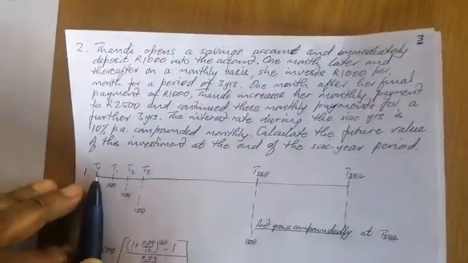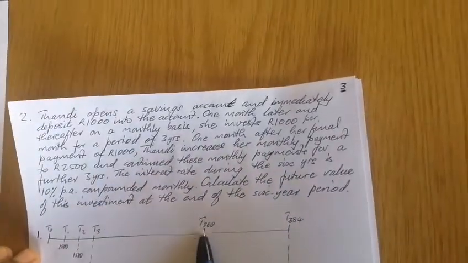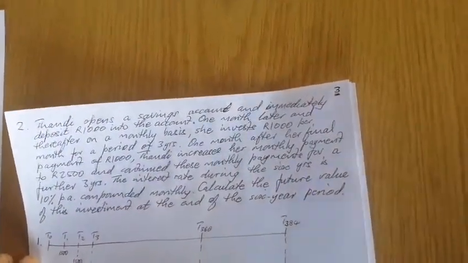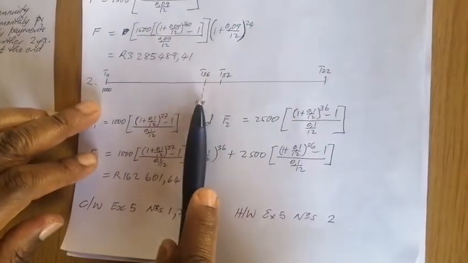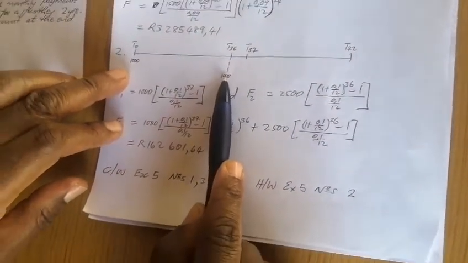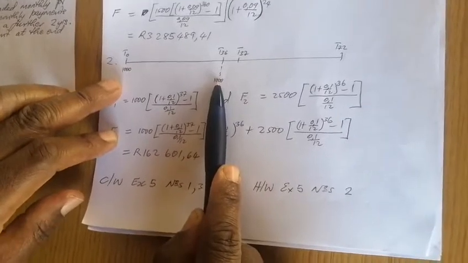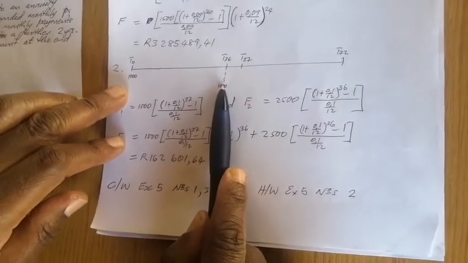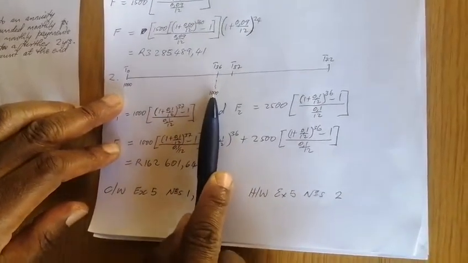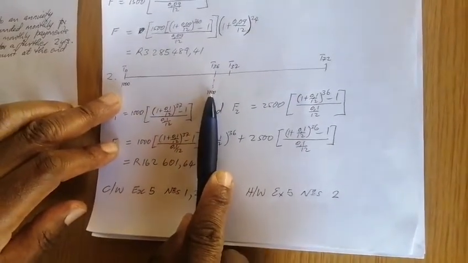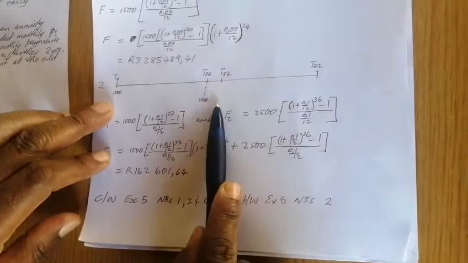We are starting at T0 and we are ending here at T36. Now from there, we do another 3 years, but we are starting 1 month after this last 1,000 that we are paying. We increase it to 2,500.